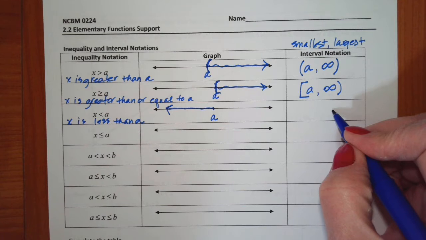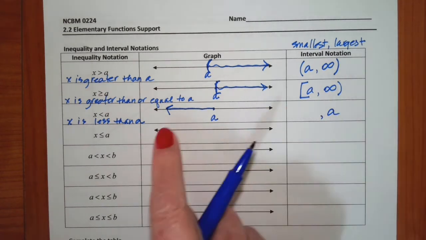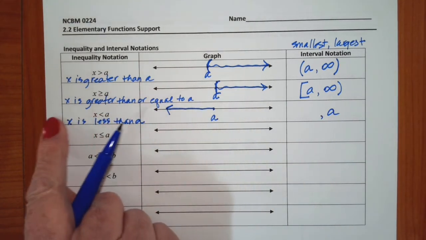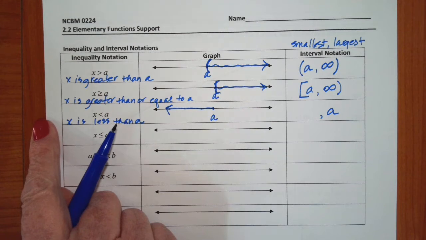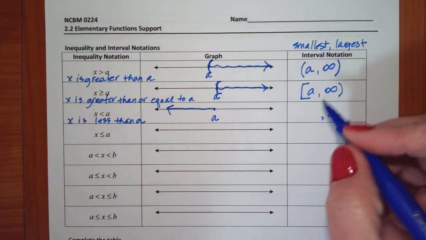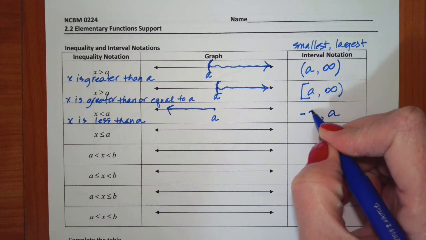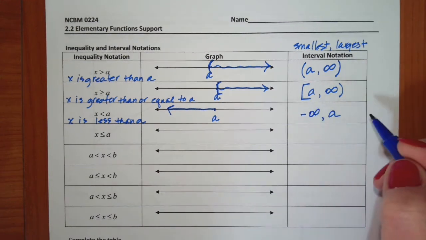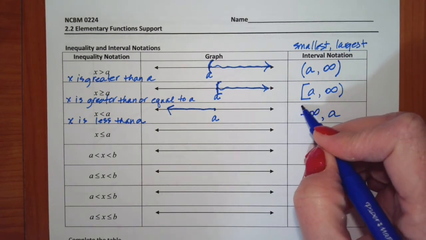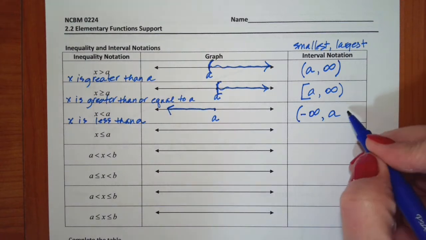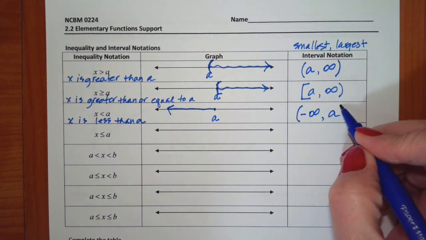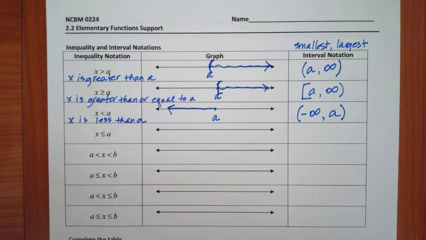So now a is our largest value. This goes on forever and ever and ever until you get to negative infinity. Again, that's an idea, not a number. So your smallest value is going to be negative infinity. It always gets a parentheses. And since a is not included, it gets a parentheses.